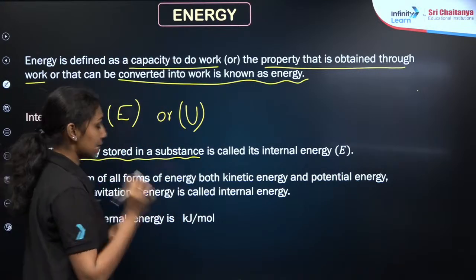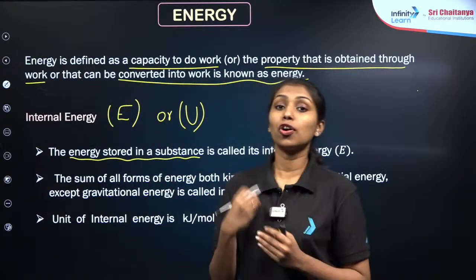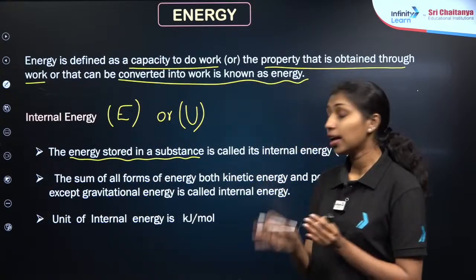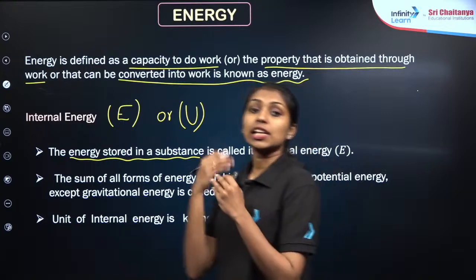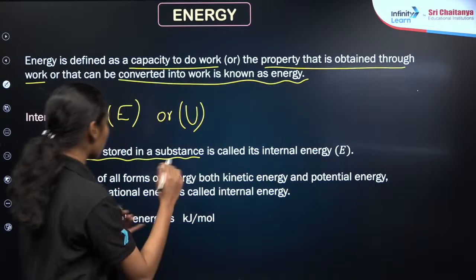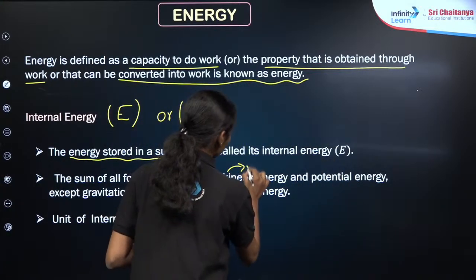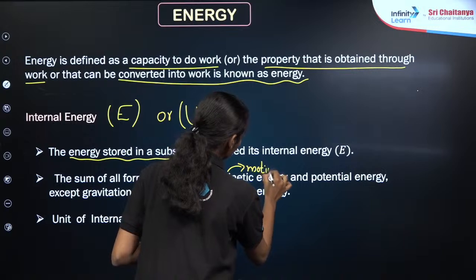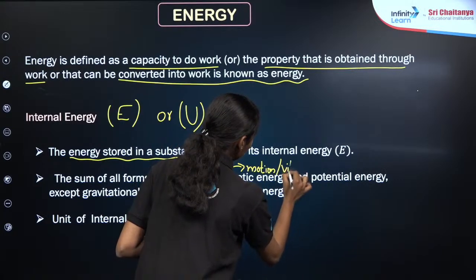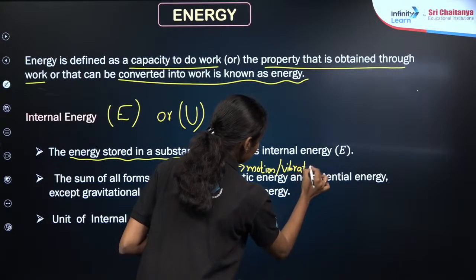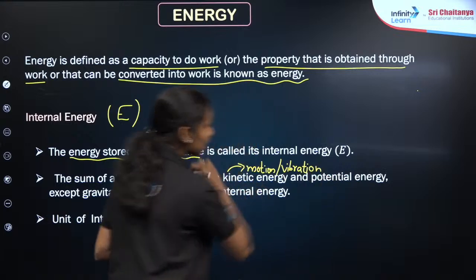Otherwise, we can define it as the sum of all forms of energy present in a substance, including kinetic energy, which is due to movement, such as vibration, and also potential energy.